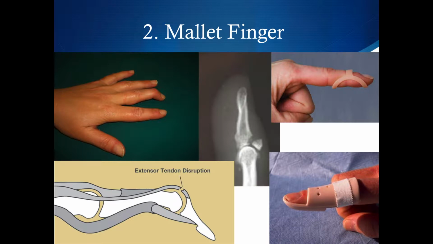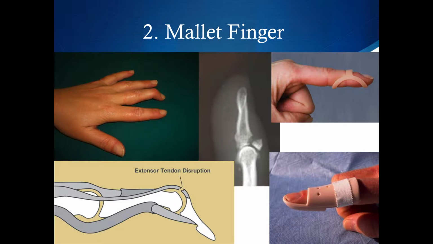X-rays will provide evidence for possible avulsion fracture, and MSK ultrasound may provide some assessment of tendon injury. It is important to differentiate mallet finger from jersey finger, as jersey finger requires urgent surgical referral.